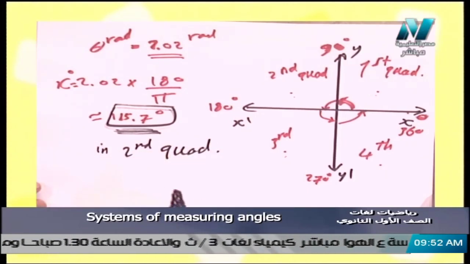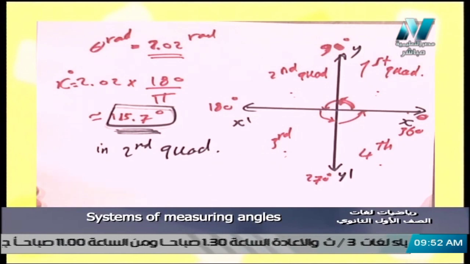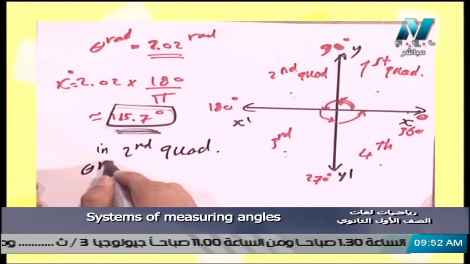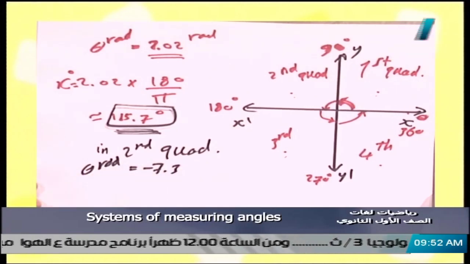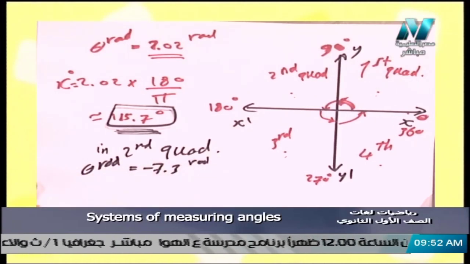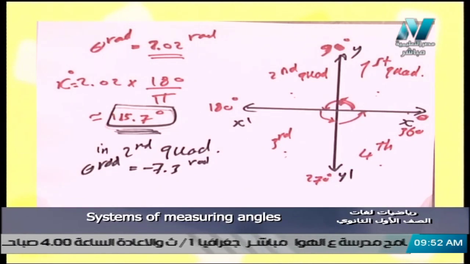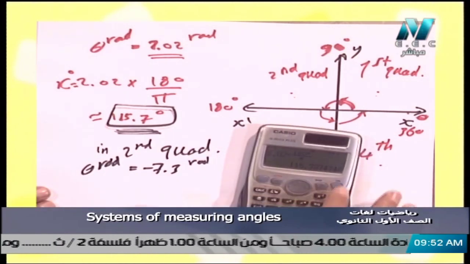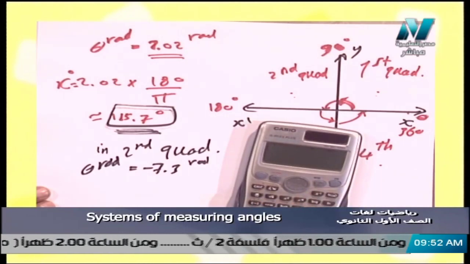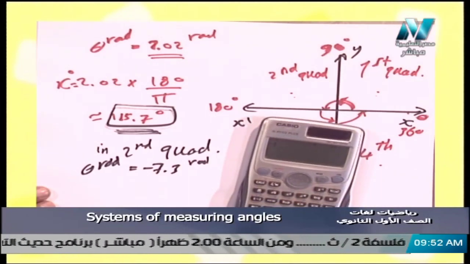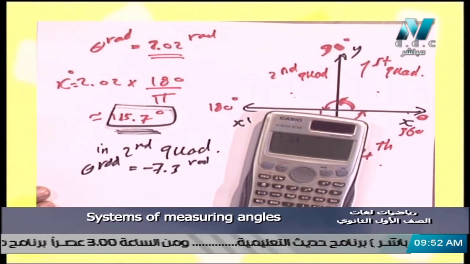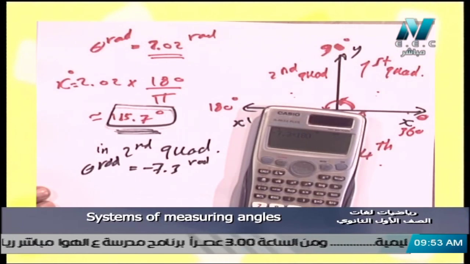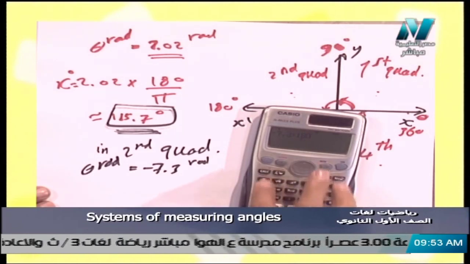And if someone asks us about theta rad equals negative 7.3 rad, what quadrant does it lie in? We will use the calculator: write negative 7.3 multiplied by 180 degrees divided by pi.